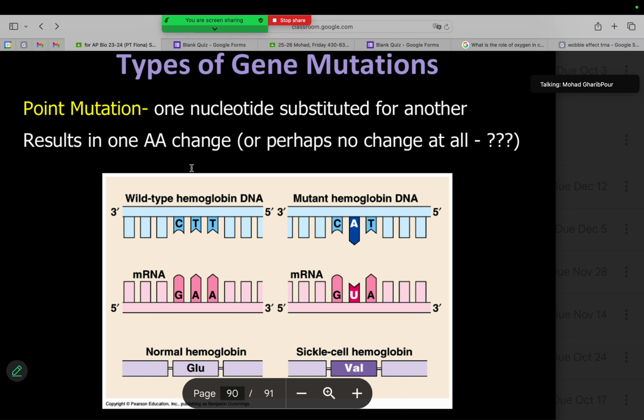A more common type of mutation is a point mutation, which is where one nucleotide is substituted for another. Not necessarily. You don't have to change the amino acid. Because of the redundancy, sometimes the amino acid doesn't change.